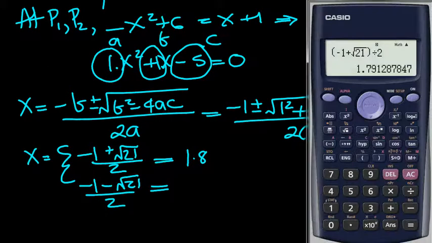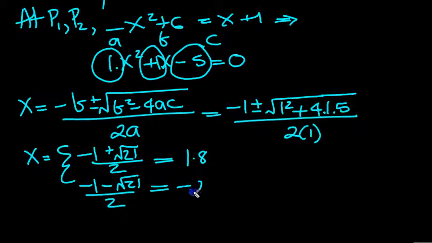Now the other one, just flip the plus to a minus on the root. Delete that and put a minus. Minus 1 minus root 21, all divided by 2. Decimal. Minus 2.8. There we go. So there are the x values.